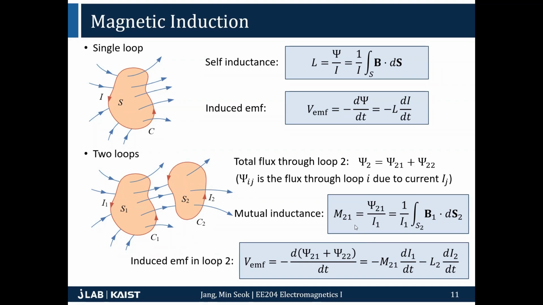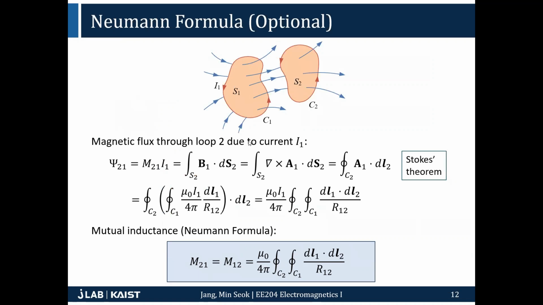We usually denote it as M21, or M12. 1 is the source, and 2 here is the loop. And M12 and M21 are basically the same. You can derive this by using the Neumann formula, which is very convenient. The mutual inductance between two circuits must be the same.